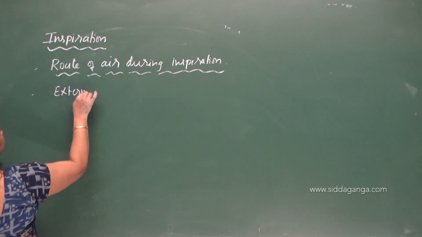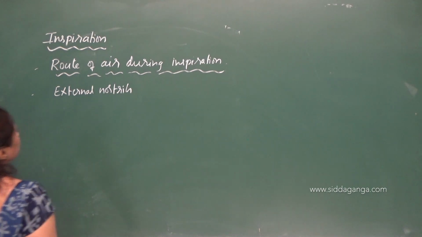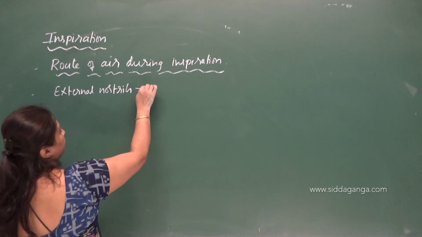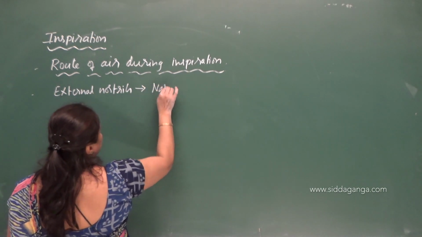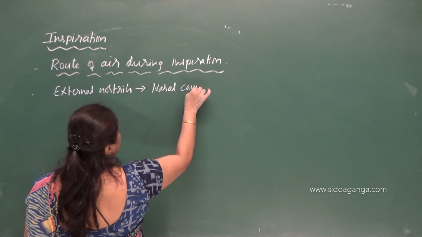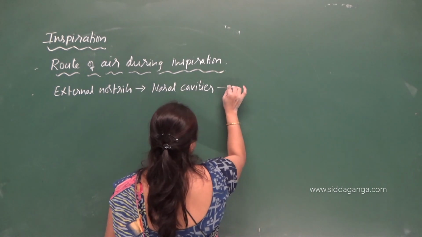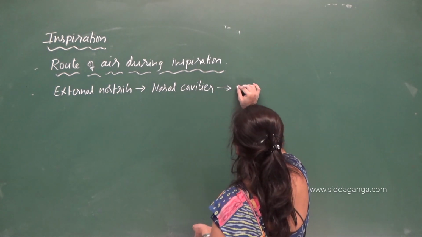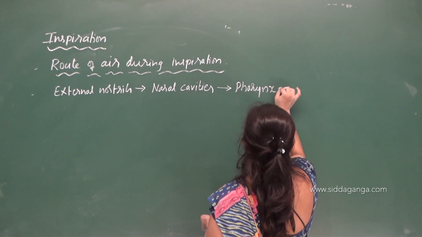External nostrils. So it is through the external nostrils that the atmospheric air will enter into the nasal cavities, and through the internal nares the air goes to the pharynx.